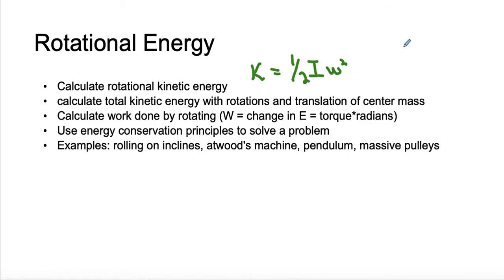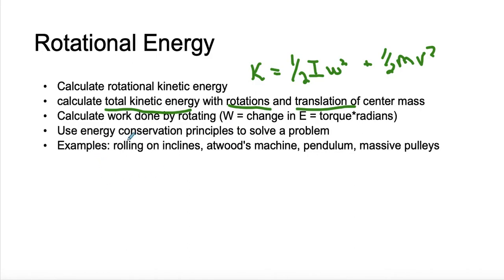Instead of 1/2 mv squared, it's 1/2 I omega squared. So calculate the total rotational inertia with translation and rotations. So you would have to add your 1/2 mv squared on here. And then usually the v and the omega are related to each other, and so you can convert into those.